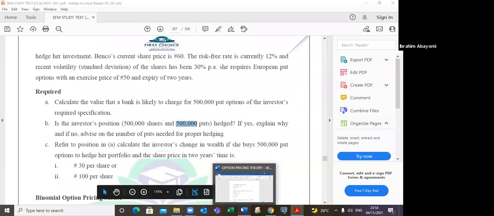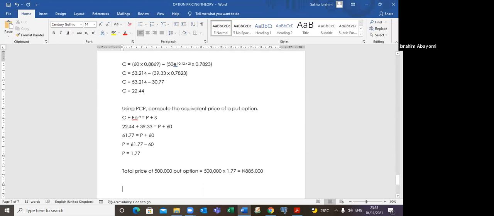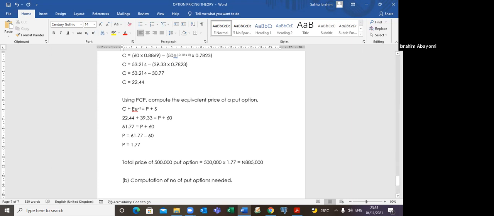So this is what I'm going to do. B, computation of number of put options needed.